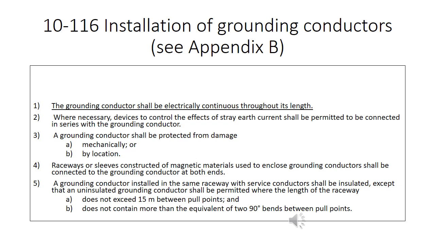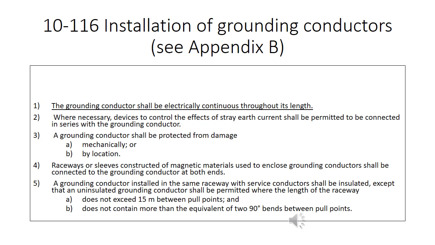10-116 Installation of grounding conductors. Subrule 1. The grounding conductor shall be electrically continuous throughout its length. Subrule 2. Where necessary, devices to control the effect of stray earth current shall be permitted to be connected in series with the grounded conductor. Subrule 3.